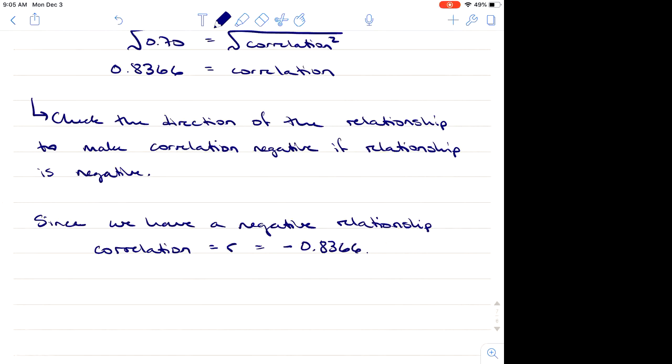And that's how you're going to find your correlation on the assignment. Or if I just give you the correlation to begin with, the last question would be, what is the percentage of variability in Y explained by the least squares regression line on X? And if it was a positive relationship, then it would be just positive.